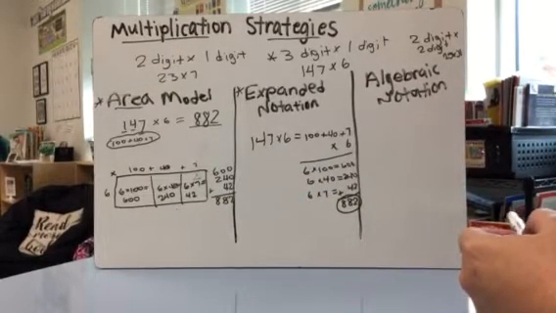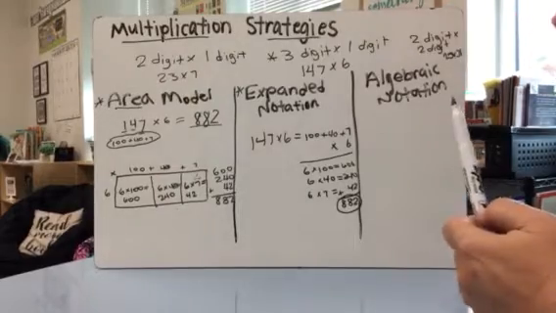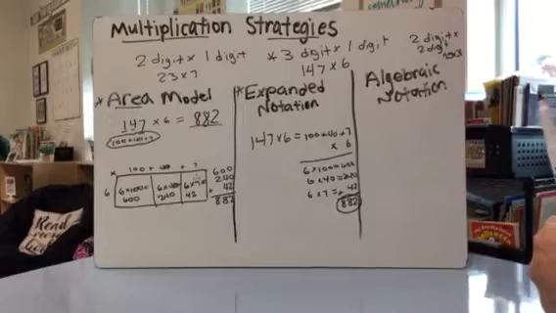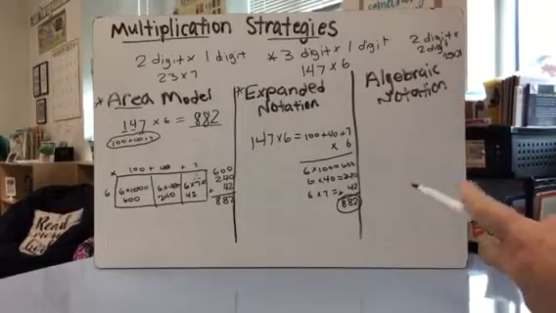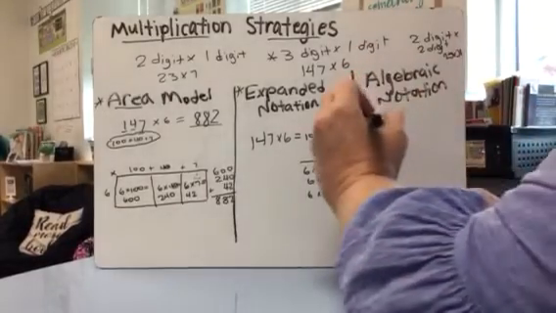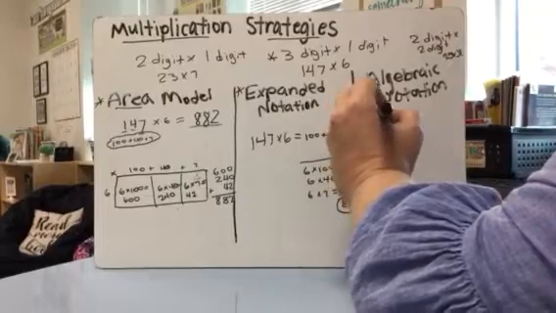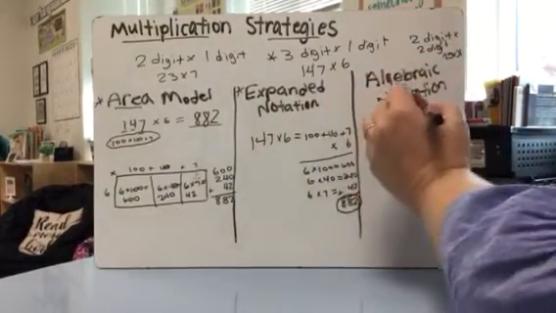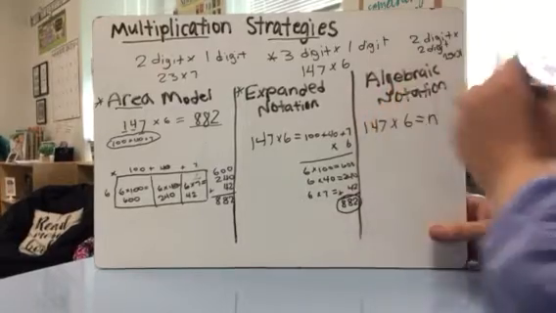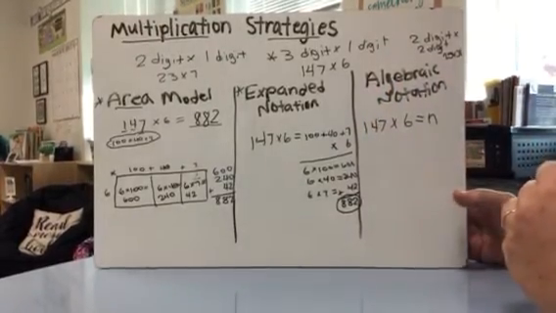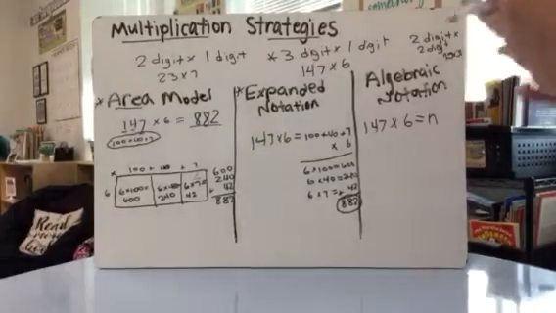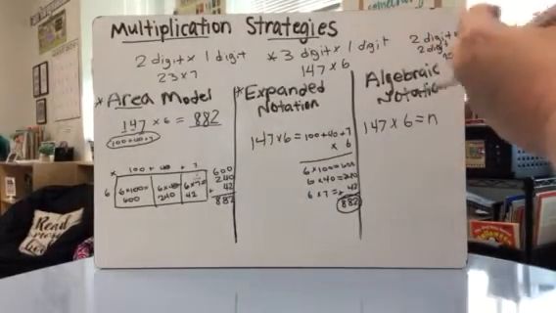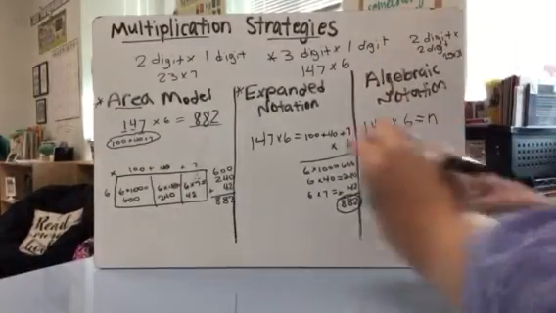Then algebraic notation is just a little more algebra, also known as the distributive property, that if you're familiar with that, you'll see here. Again, 147 times 6. And what happens here is we just show it more with algebra symbols like parentheses and a variable, and I'll show you what that looks like.